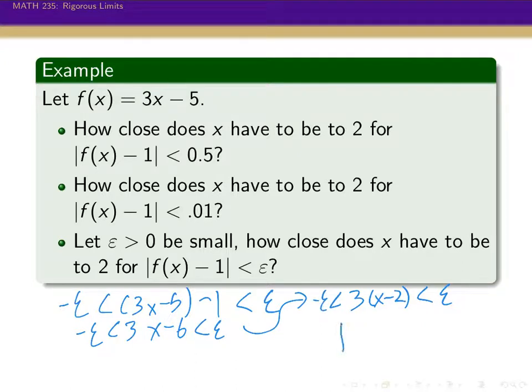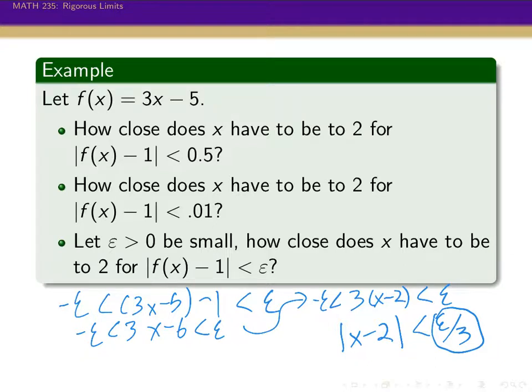Divide by 3. I'm going to get that I need the absolute value of x minus 2 to be less than epsilon over 3. So a delta that works, a delta that's always going to work, is no matter what you give me for epsilon, I'm going to take that, divide by 3, and say that's how close x has to be to 2.